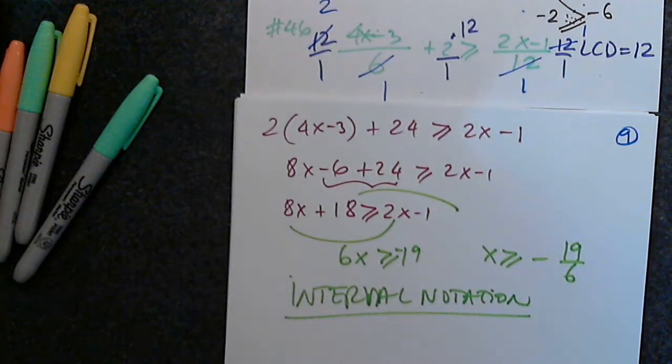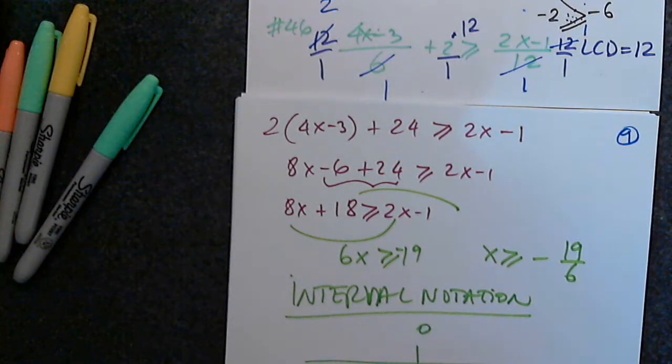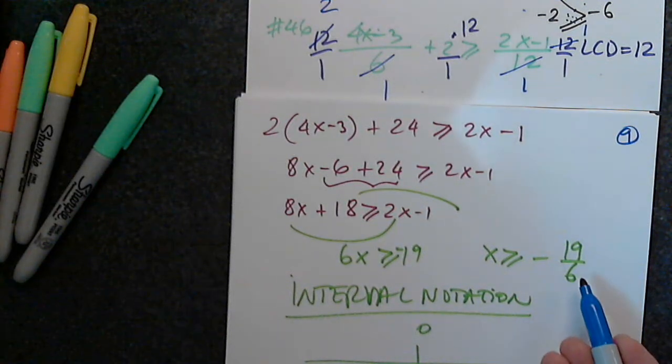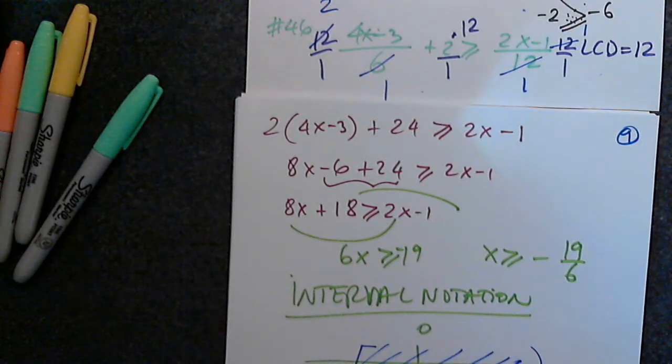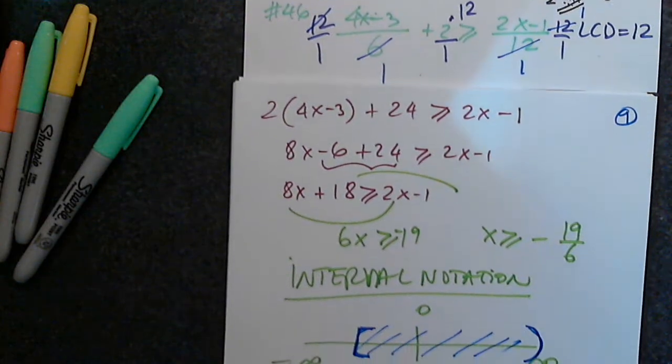How do I get the interval notation? And also for the previous one. On the real line, here's 0, negative infinity to infinity. And this number is negative 3 point something. I don't care for units. It's somewhere here. The reason that I use the bracket here and a parenthesis here: first of all, infinities are unknown.